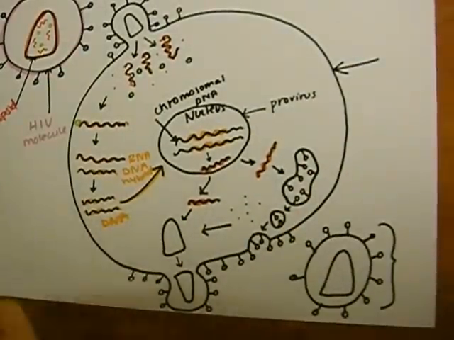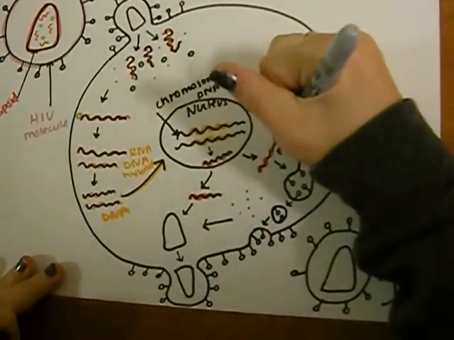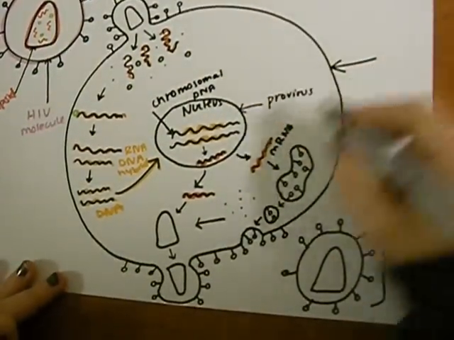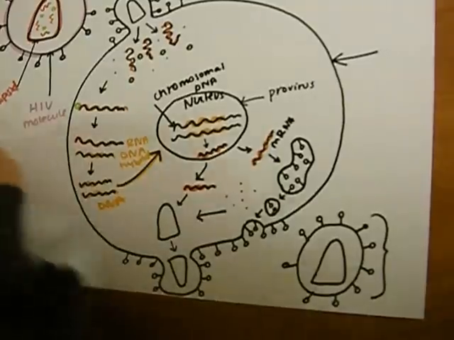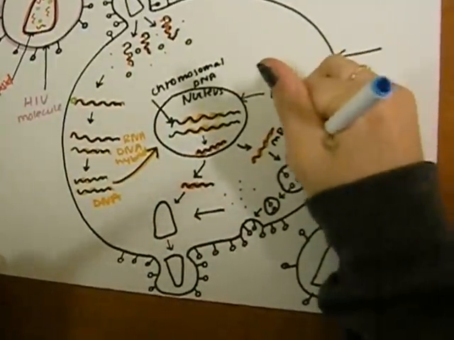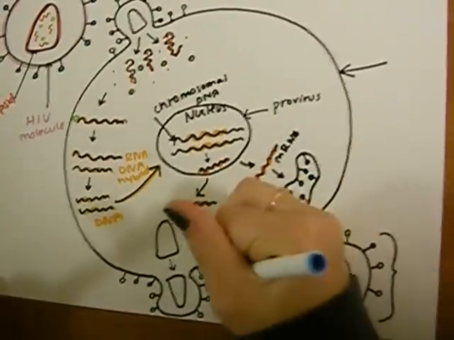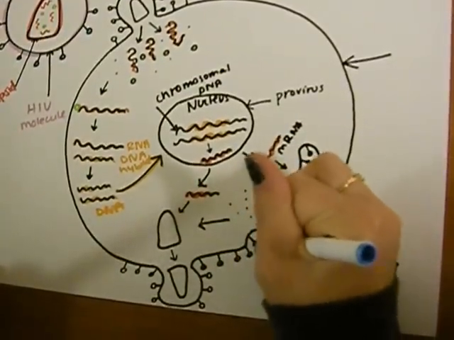It becomes, here's the mRNA. It is translated into glycoproteins, which are what these are. These are glycoproteins. And the glycoproteins come towards the cell wall and start to form. Those are them.